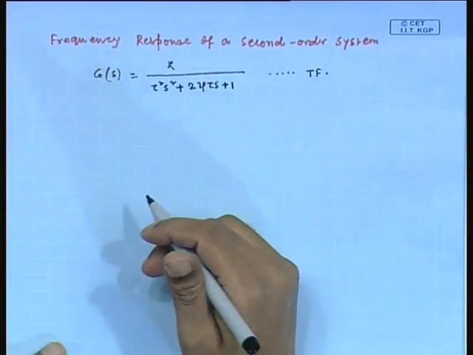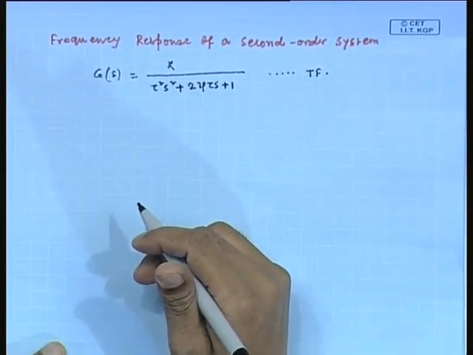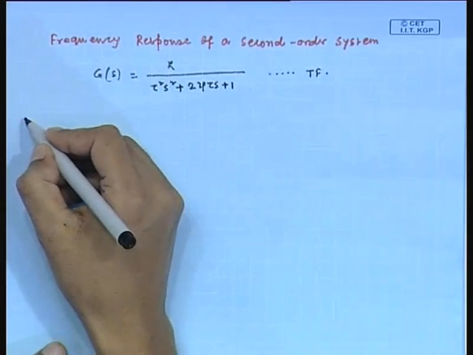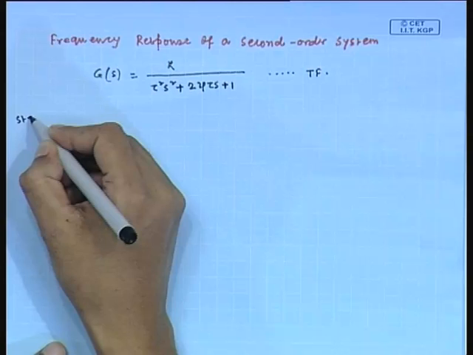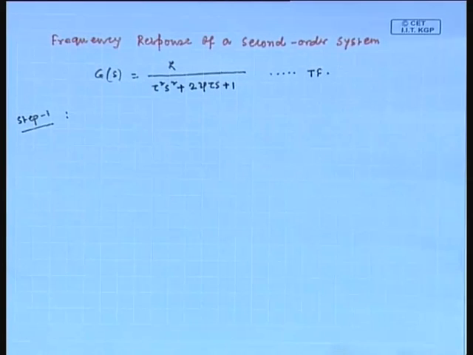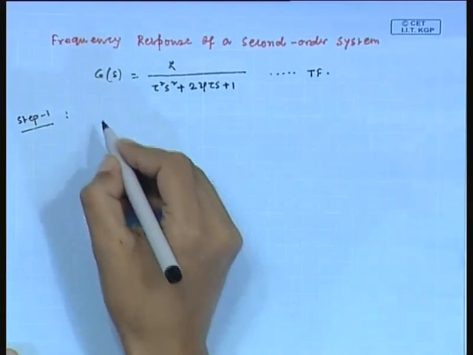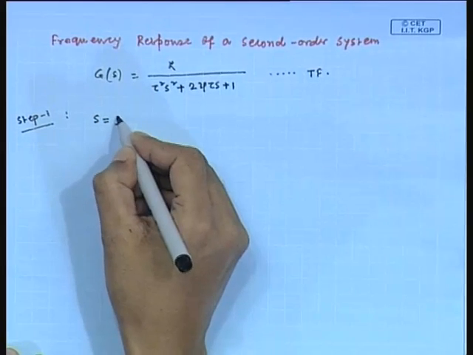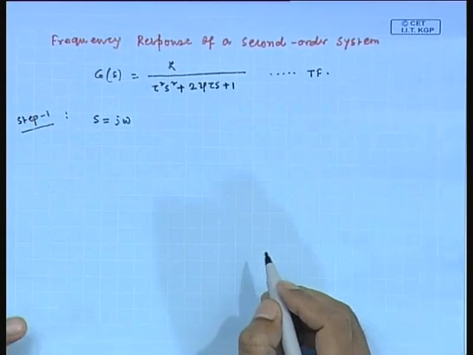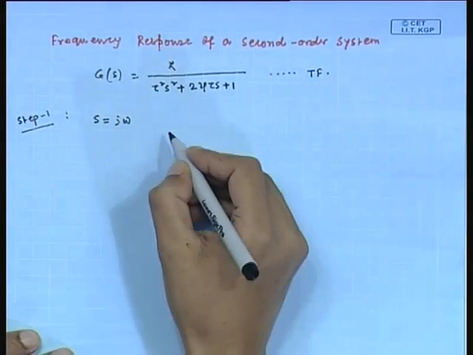Now, we will follow the different steps for frequency response analysis. In the first step, we replace s by j omega. We put s equals j omega in the transfer function.